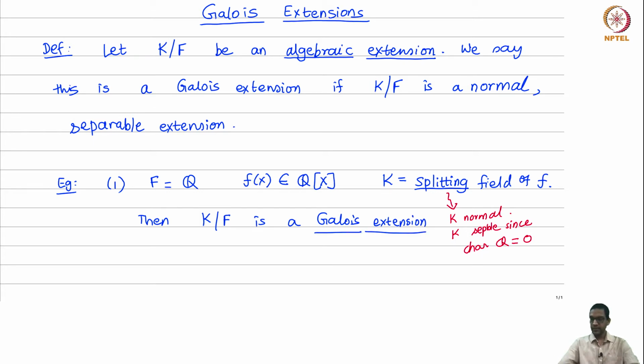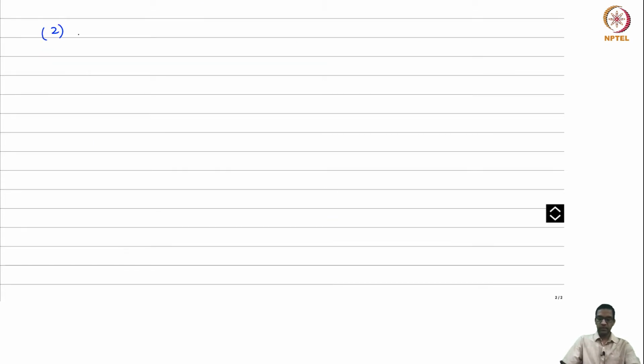Now let's look at a second example, which is for finite fields. If I take F to be F_p, then recall, in this case it has finite characteristic, but F is perfect, and that meant that the Frobenius map is an automorphism of the field. Again, you will get separability for free.